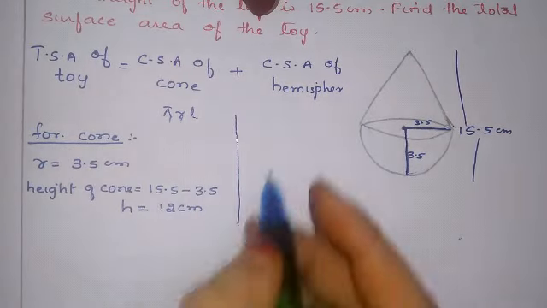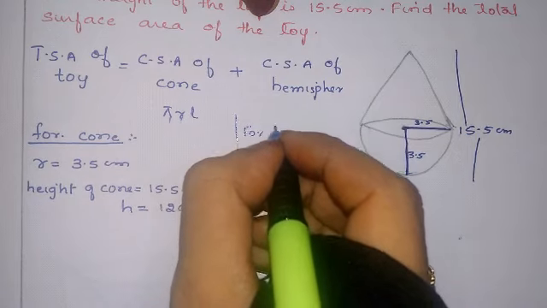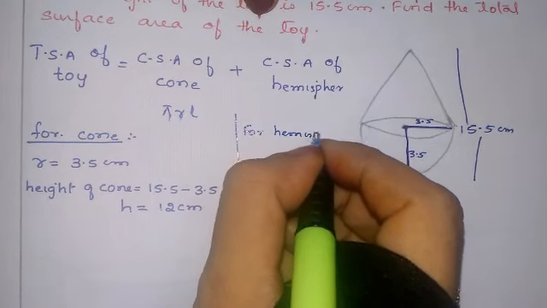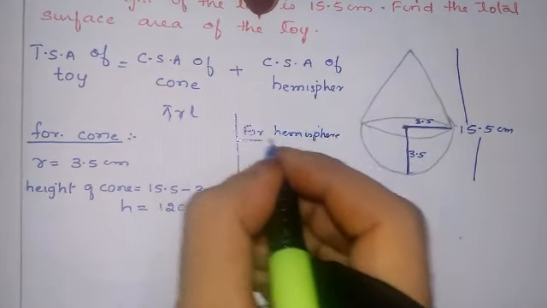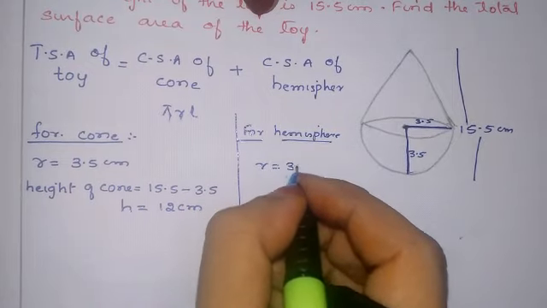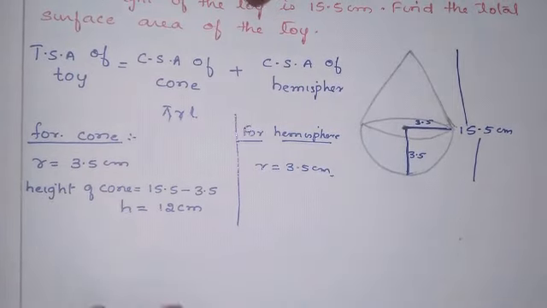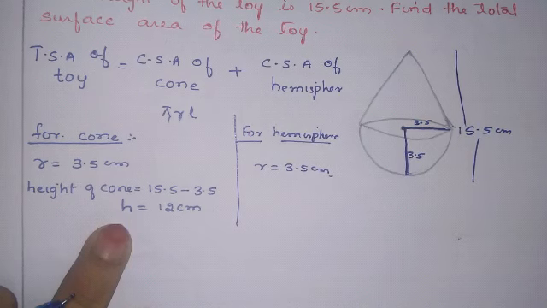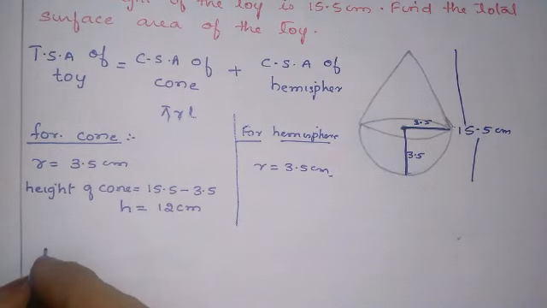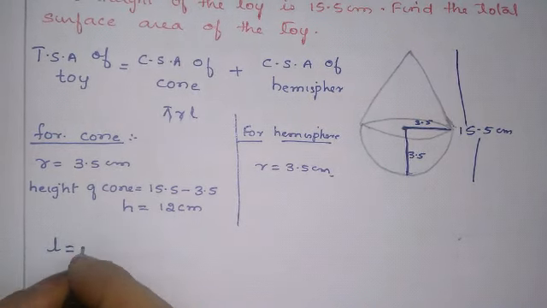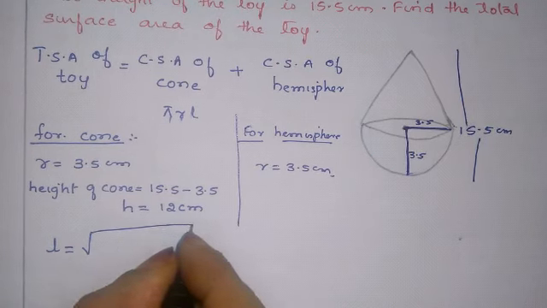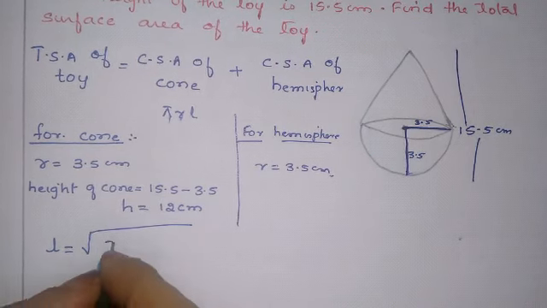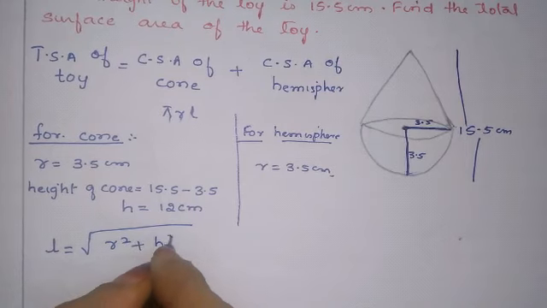Okay. Here for the hemisphere, what is given? Only the radius will be given, right? For the hemisphere, only the radius, r equals 3.5 centimeter. But here the height of the cone we have got. We need the slant height. We know the formula to find the slant height. L is equal to root of r square plus h square.